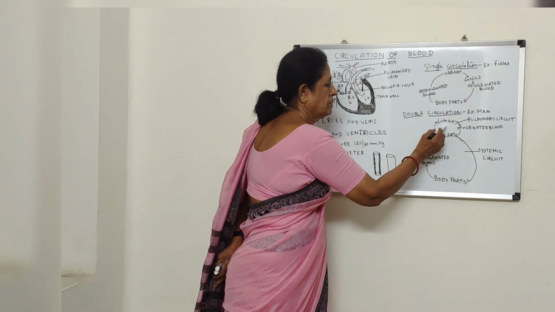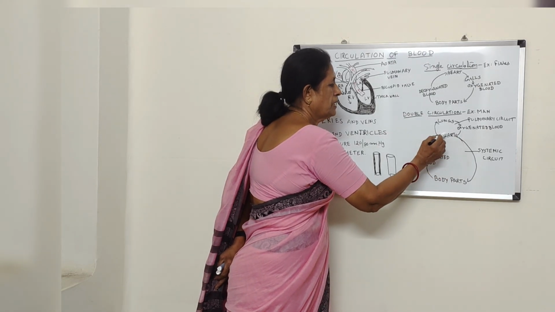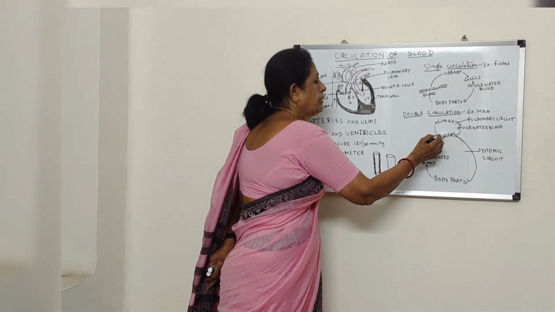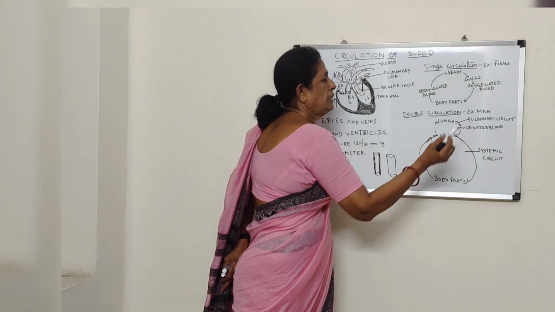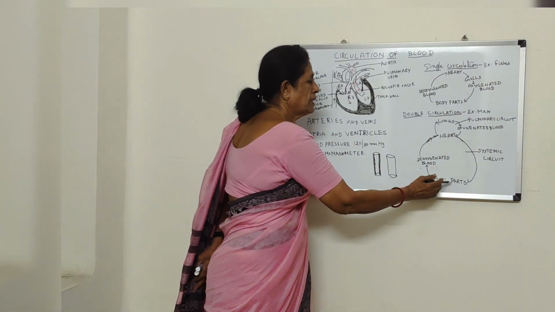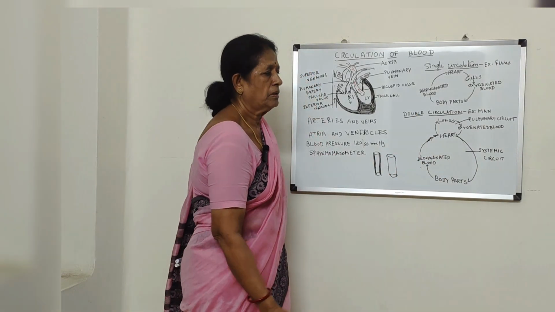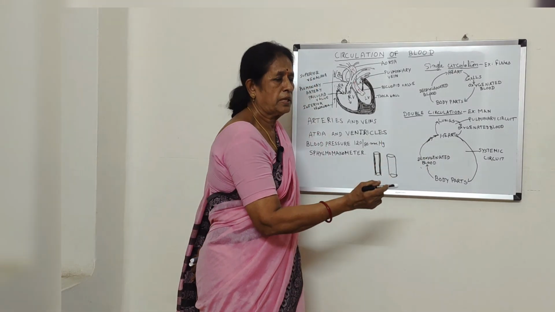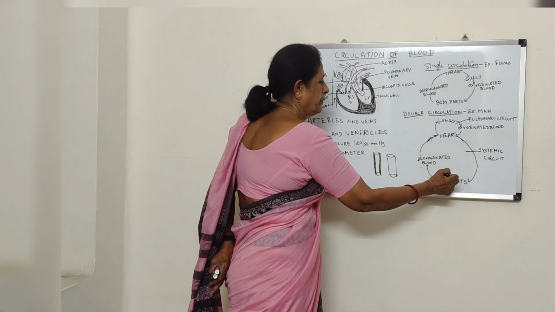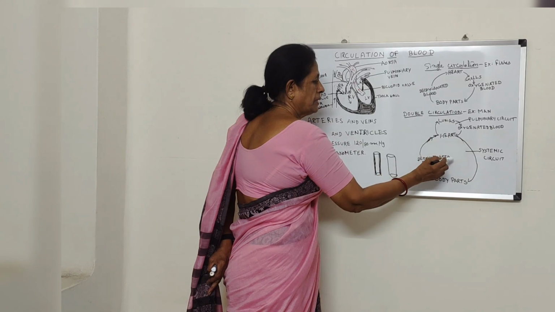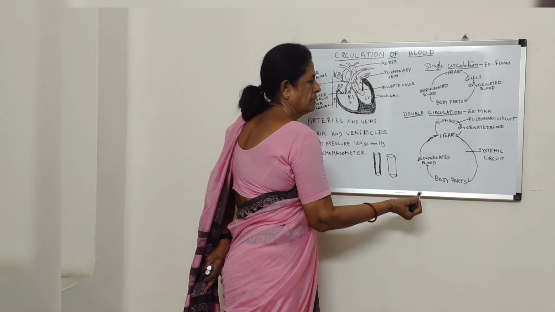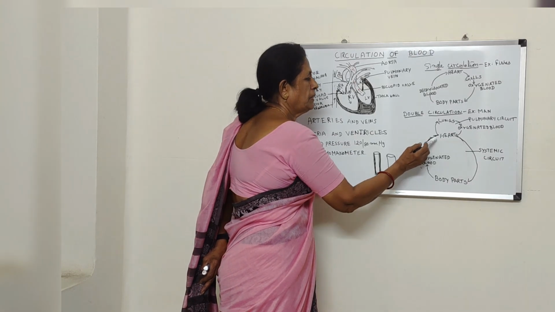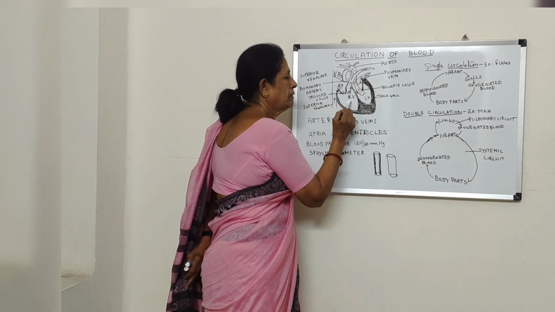So here there are two circuits. The circuit between body parts and the heart is called the systemic circuit, and the circuit from heart to lungs is called the pulmonary circuit. Systemic circuit and pulmonary circuit. That is why it is called double circulation. The superior vena cava and inferior vena cava carry deoxygenated blood to the right auricle, from the right auricle to the right ventricle.